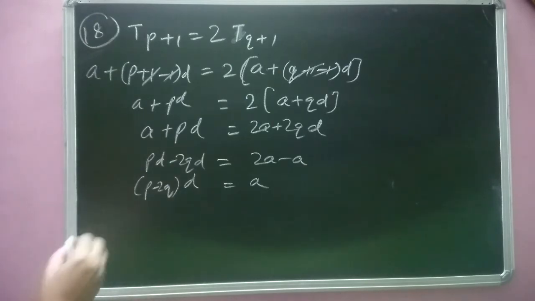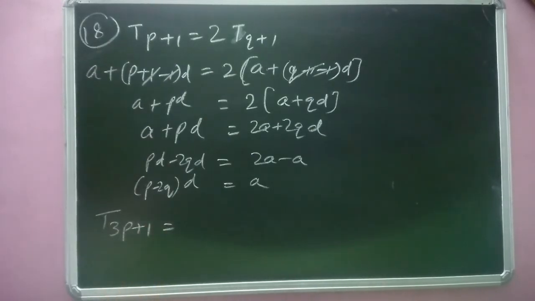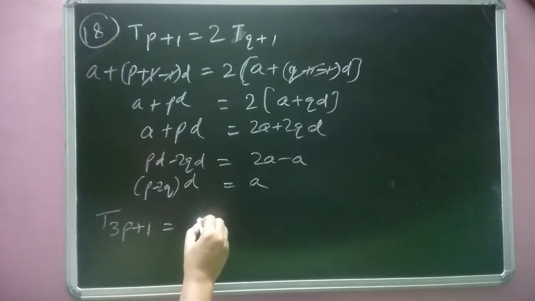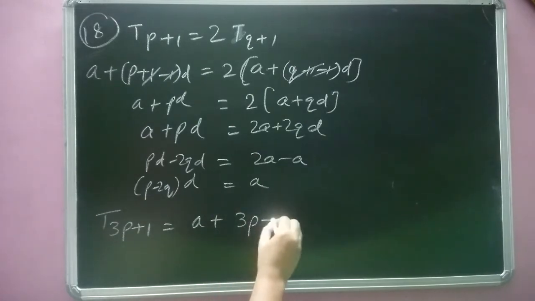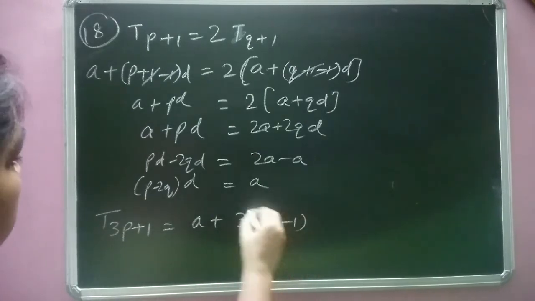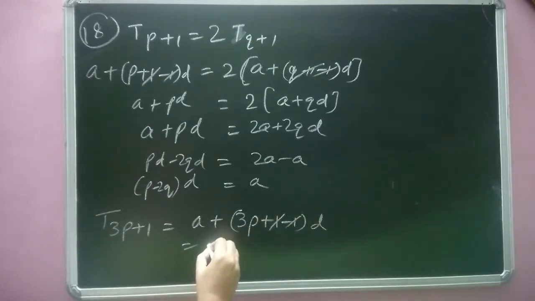Now we have to prove that the (3p plus 1)th term equals twice the (p plus q plus 1)th term. So find out the (3p plus 1)th term. This will be a plus (3p plus 1 minus 1) into d, plus 1 minus 1 get cancelled. Put the value of a here.